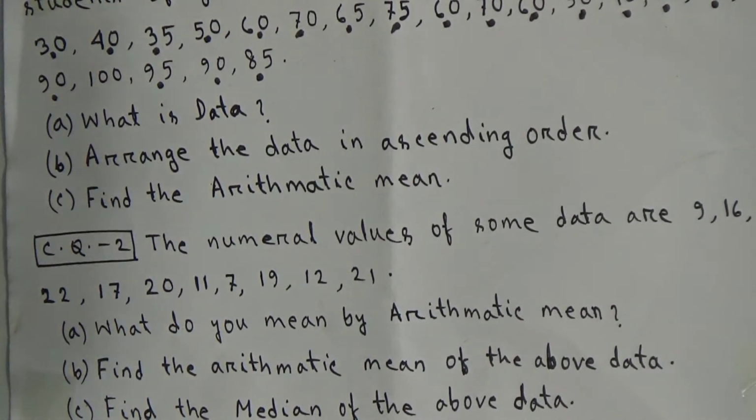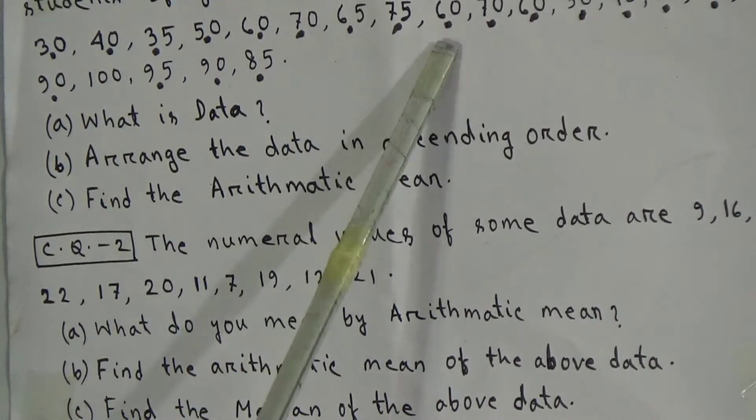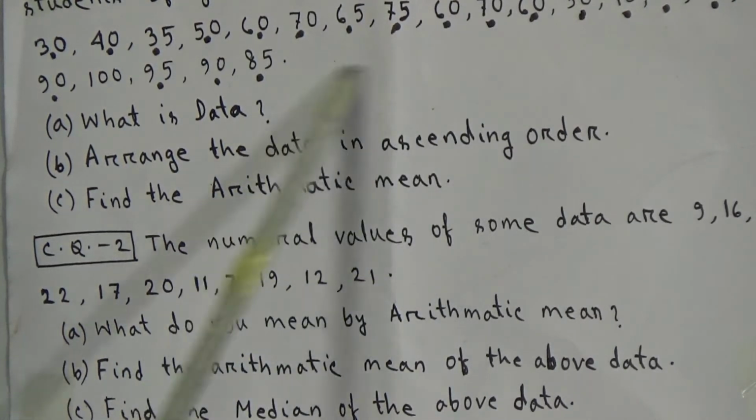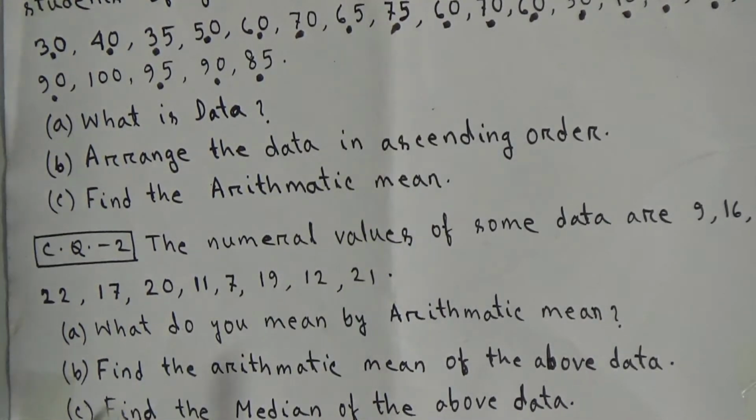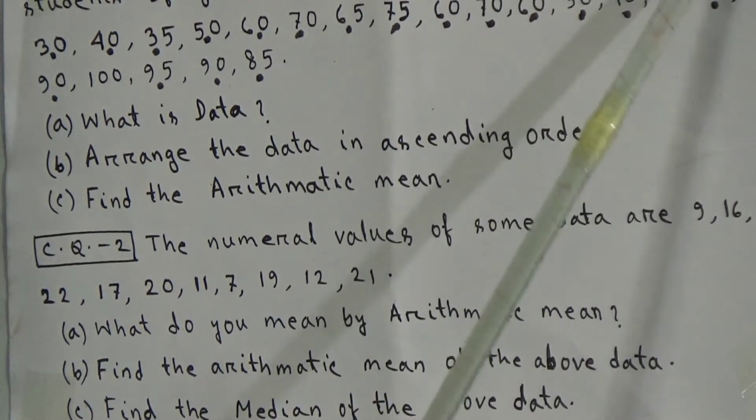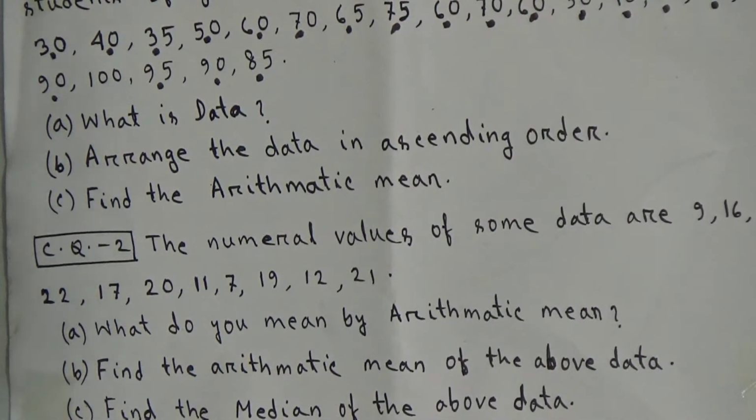If we divide the sum of all the collected data by the number of data, then we can get the arithmetic mean. Here some data given, we have to find out the sum of these given data, then we divide this sum by 20. Here number of data is 20. So at first we will find out the sum of the given data.